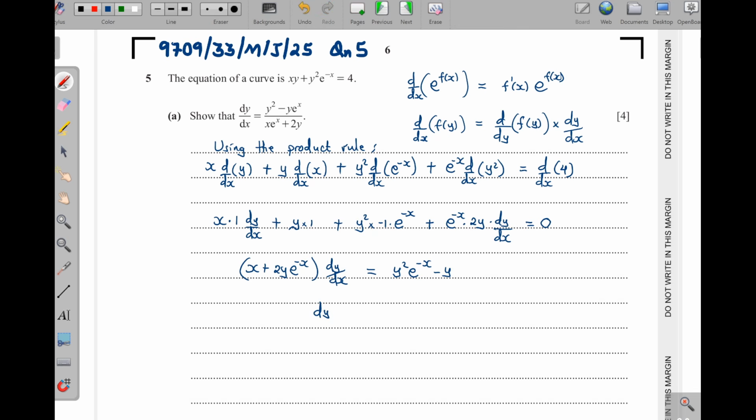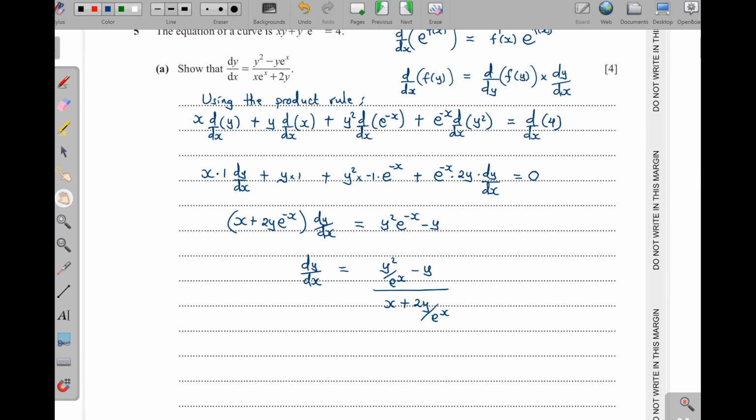And then that implies that our dy dx is going to be equal to y squared e to the power of negative x. In fact, this one can be written as y squared over e to the power of x, then minus y. Then we shall divide by x plus 2y over e to the power of x.